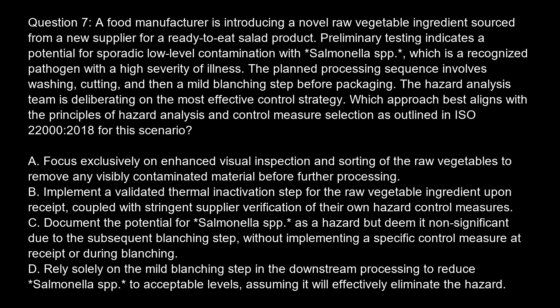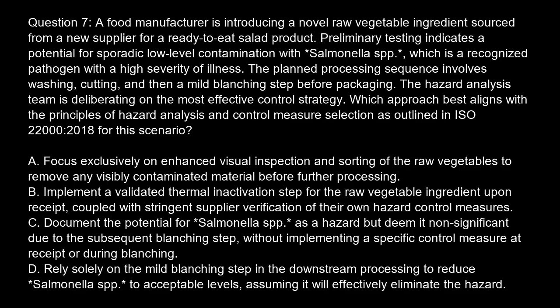Option A. Focus exclusively on enhanced visual inspection and sorting of the raw vegetables to remove any visibly contaminated material before further processing. Option B. Implement a validated thermal inactivation step for the raw vegetable ingredient upon receipt, coupled with stringent supplier verification of their own hazard control measures.